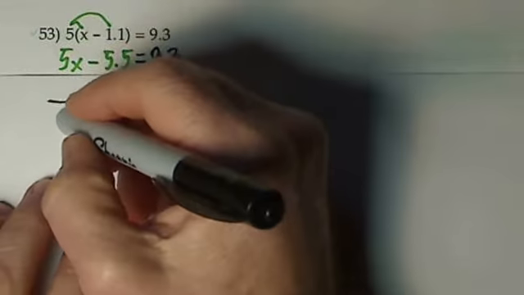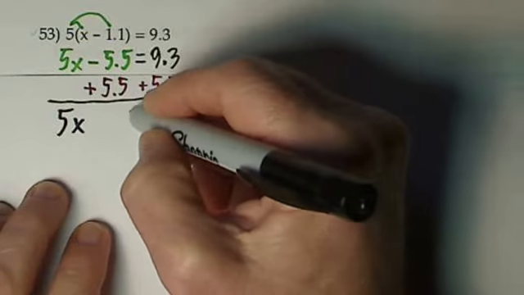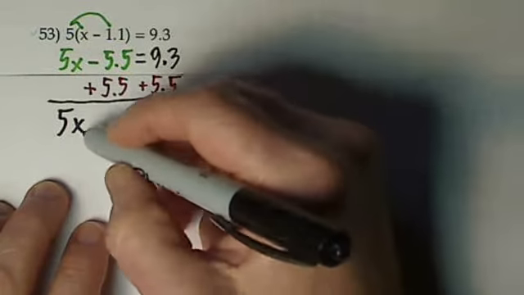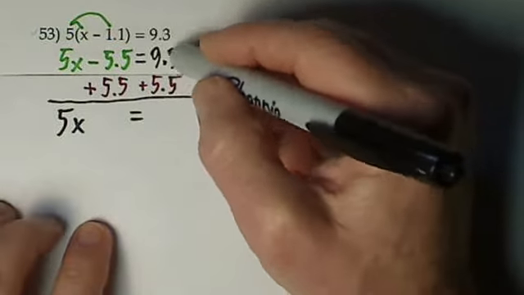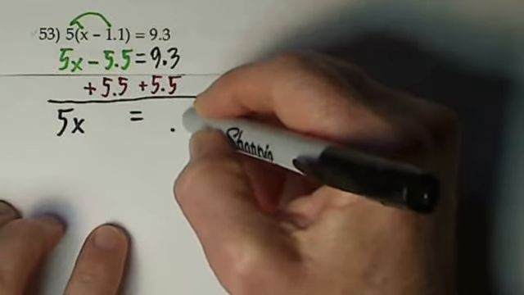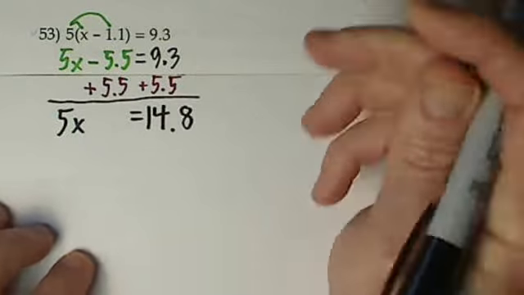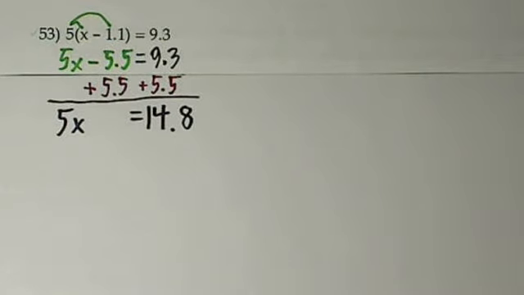This 5x is still sitting here. That's a 0. In this case, I don't have to write it. Wouldn't have much meaning, plus 0. And then over here, the signs are the same. So we'll have, and that'll be 14.8. Okay. One more step to get x by itself. You got to get rid of that 5.